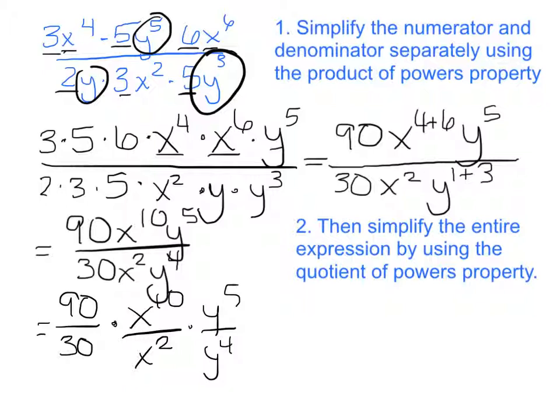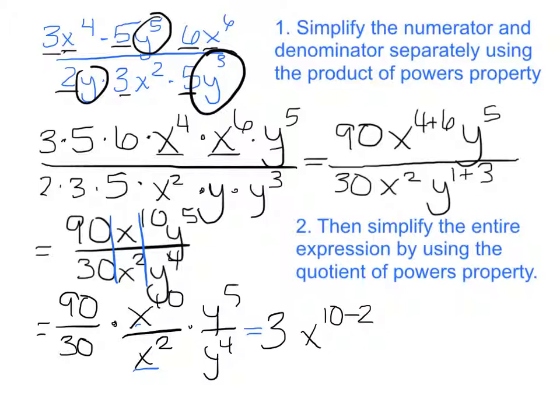So what I just did here is I broke them up into different problems so I can look at them each individually and use my quotient of powers property. 90 divided by 30 gives me 3. Then I have x raised to 10 minus 2, because my bases here are the same, they're both x.